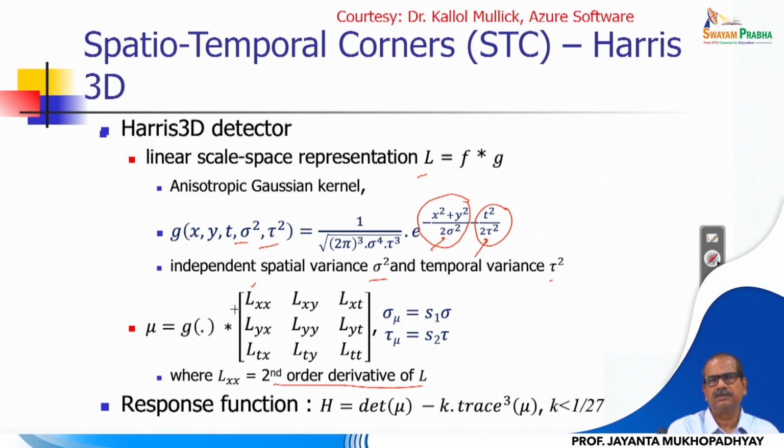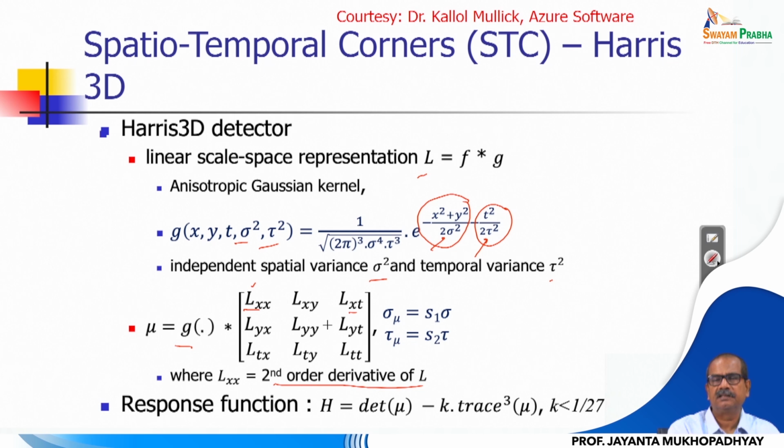It is the same either way: you smooth the second order derivative function itself by taking the second derivative of the Gaussian kernel and performing convolution, or you compute the second order derivatives of the function and then convolve with a Gaussian. So for that three-dimensional volume, we compute the second order derivatives at each point: along the x direction, along xy, xt, and so on.